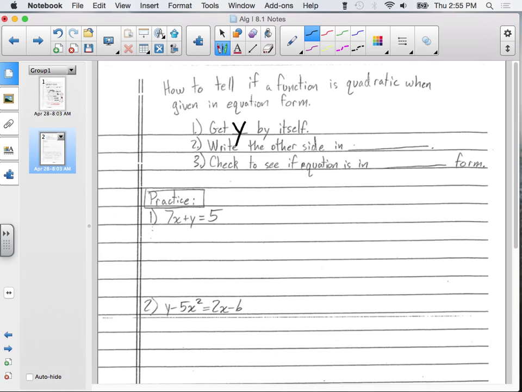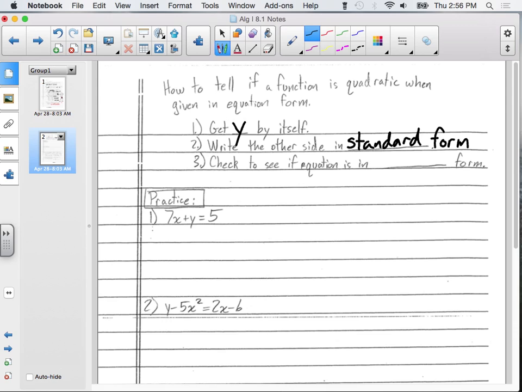After we get y by itself, we try to get the other side in standard form. So what is standard form again? For a quadratic, standard form is ax squared plus bx plus c.